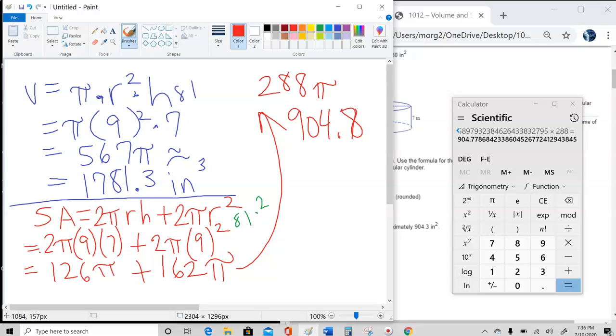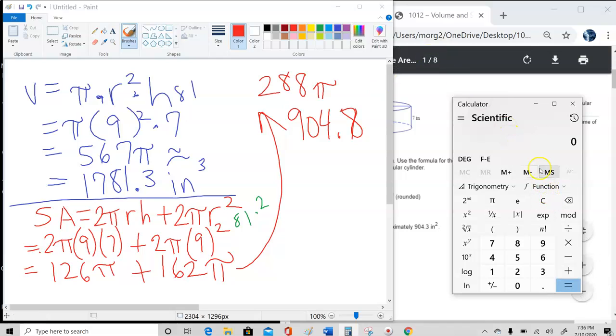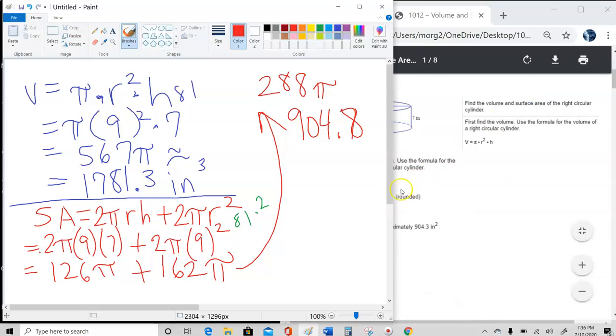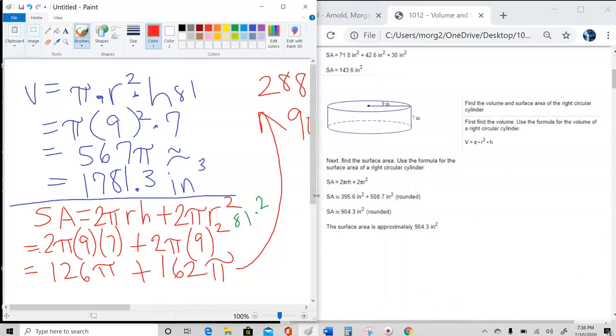If you had used just 3.14, then that will give you what my notes gave you. And the directions may say use 3.14 for pi. So if the directions say that, then use that alternate value.